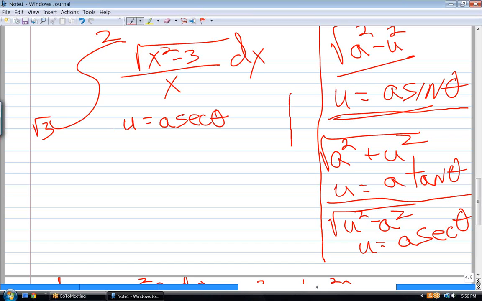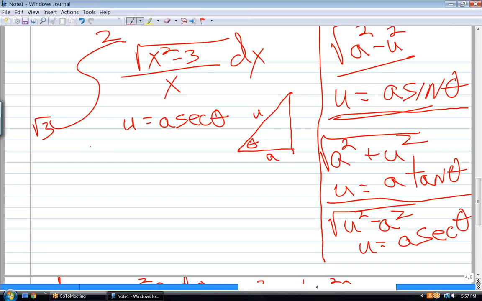We're going to draw our reference triangle because we're going to need it later. After we've solved the thing, we're going to need this to convert back to polynomial. So how can I dimension this? So secant theta is equal to u over a. Secant's the reciprocal of cosine, so this must be u, this must be a.